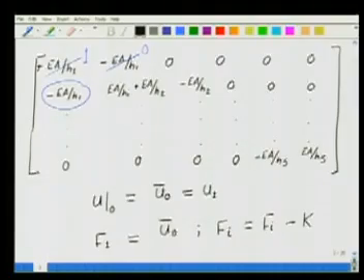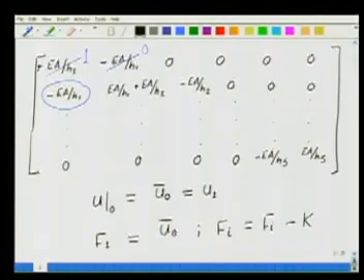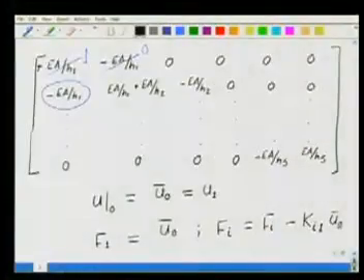The entry corresponding to the U1 in that particular equation. So the row will be i, column will be 1, into U0 bar.